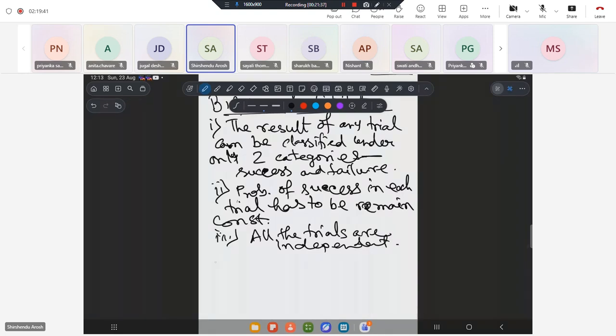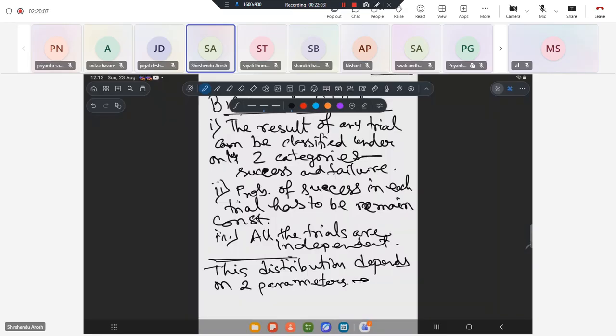This distribution depends on two parameters. We are introducing the word parameters, so later we'll talk more about the word parameter in the sampling and all.